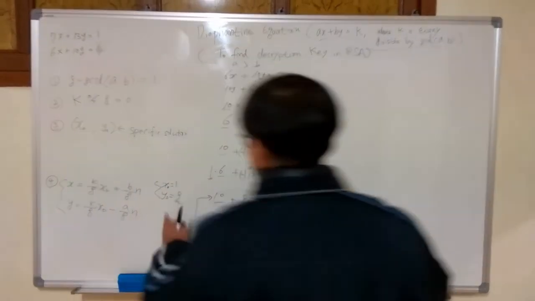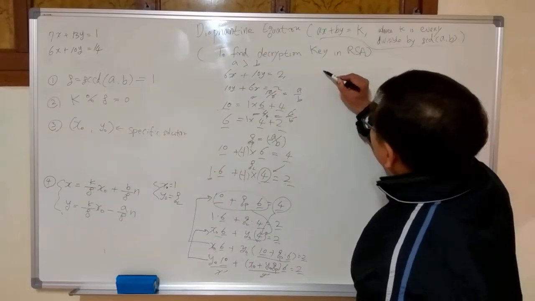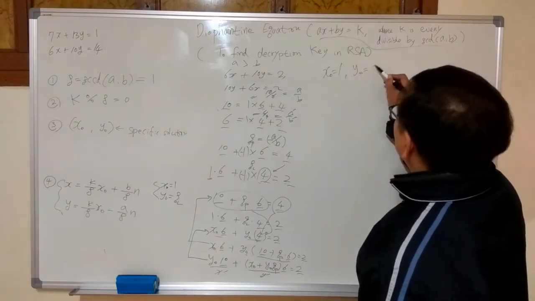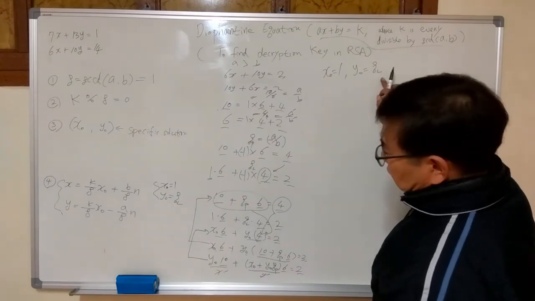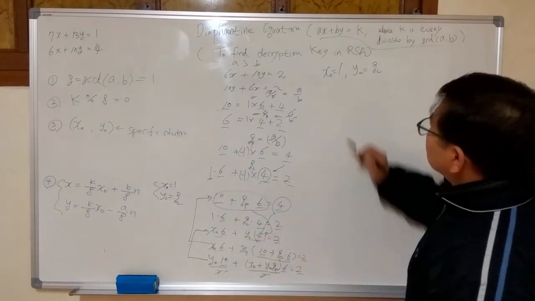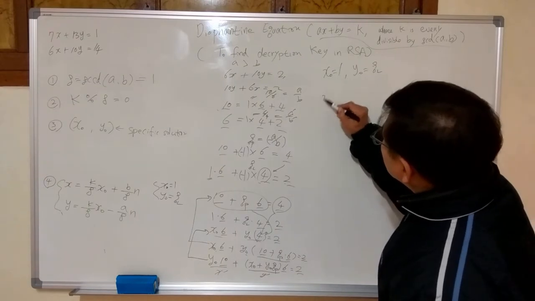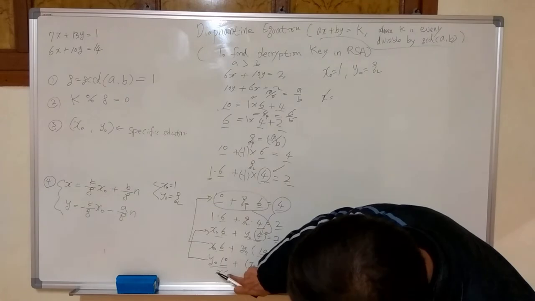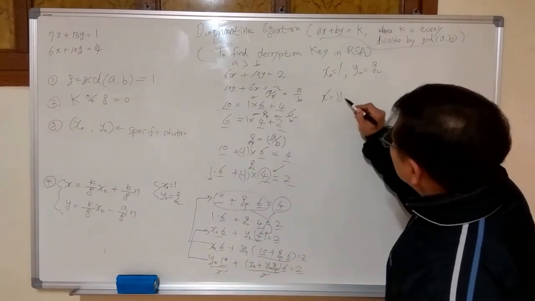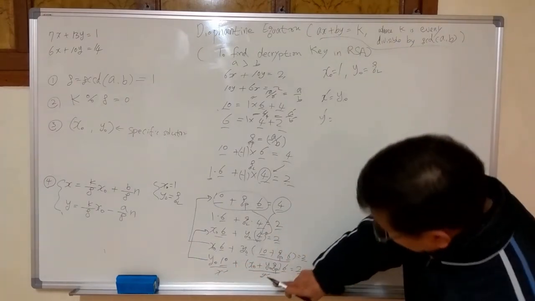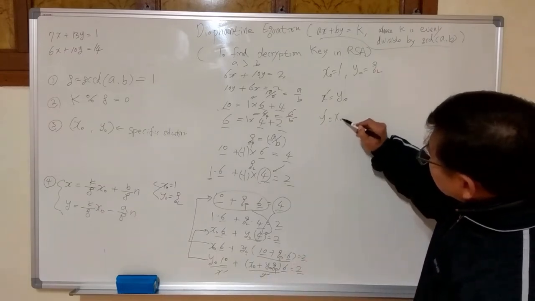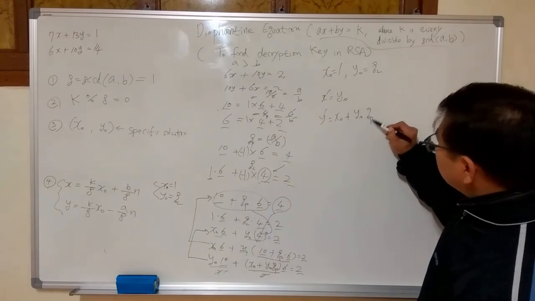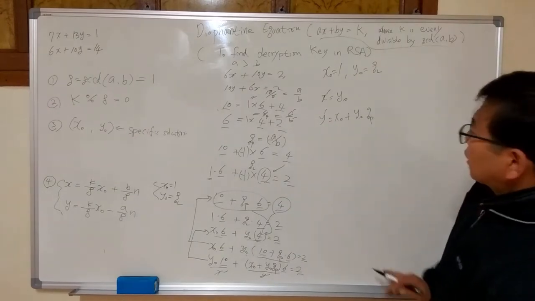So here I will rearrange. This is the first step. X naught equals 1, y naught equals QL, the last one, and the next x prime equals y naught. Y prime equals x naught plus y naught times QP.